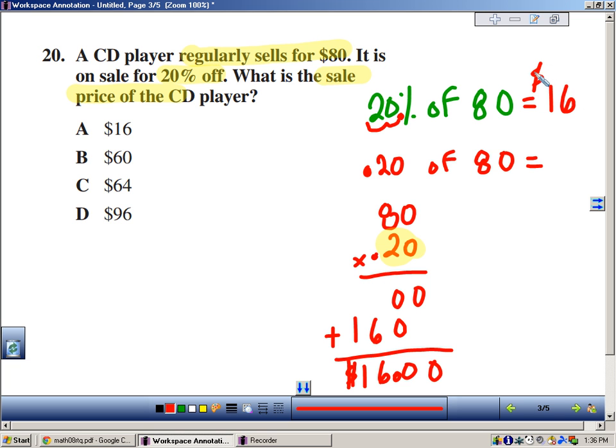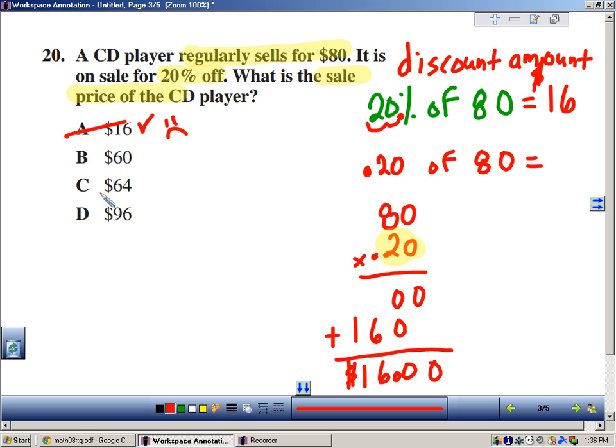Now, don't be fooled. This is the discount amount, right? We just found the discount amount. But I'm looking for the sale price. $16, you might think that's right, but no, that's the discount amount. Don't choose it.